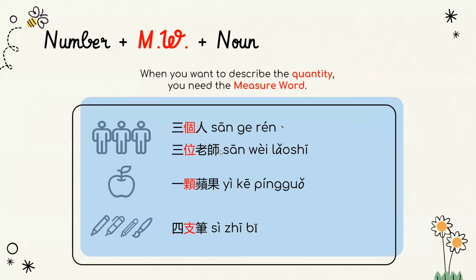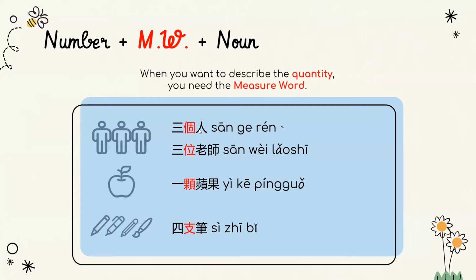But here we have another way to say three teachers, 三位老师, because 位 is a polite way to refer to a person. You can also say 三个老师, which is also fine, because 个 is for any kind of person, whether Indian, Taiwanese, or your family. So, 三个人, 三位老师.